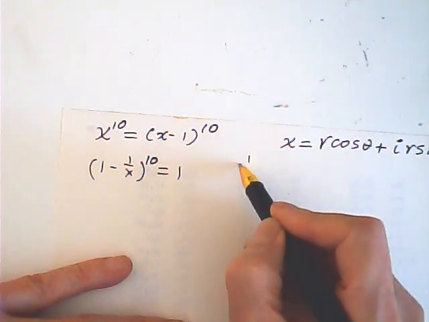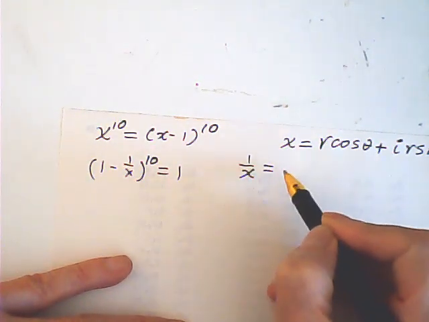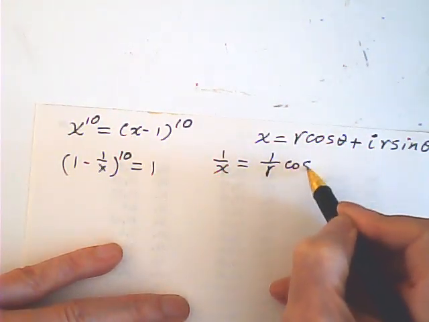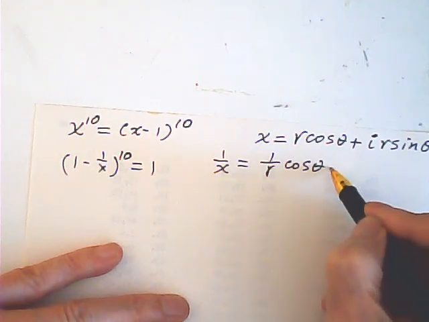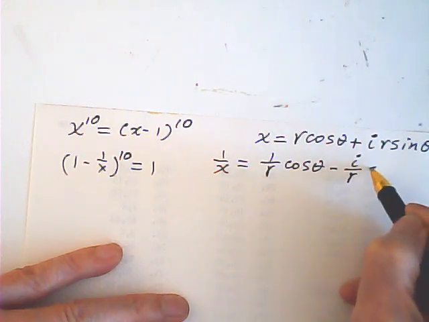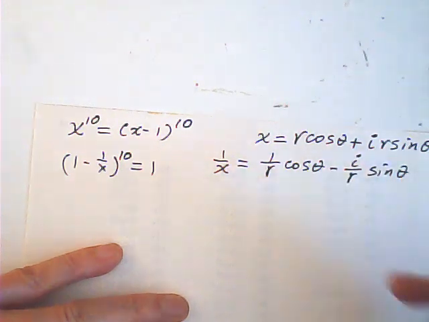So what is 1 over x? 1 over x is equal to 1 over r cosine theta minus i over r sine theta.